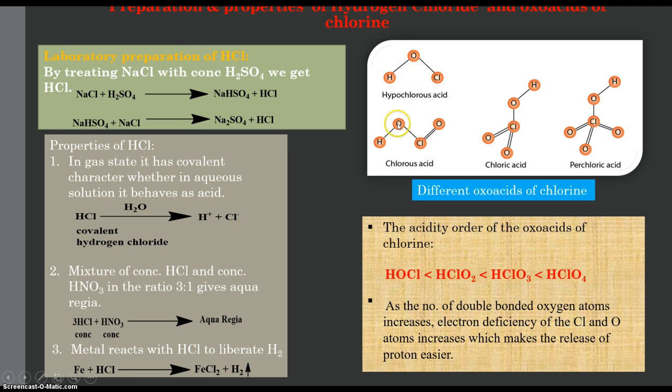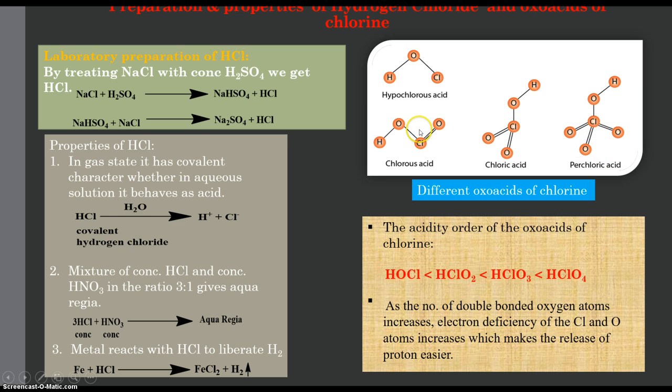Moreover, if we consider the rest of the oxoacids of chlorine, HOCl, HClO2, HClO3 and HClO4, the number of double bonded oxygen atoms in the first compound is 1, in the second compound 2, and in the third 3, right?